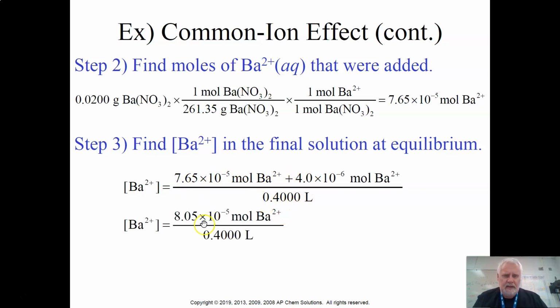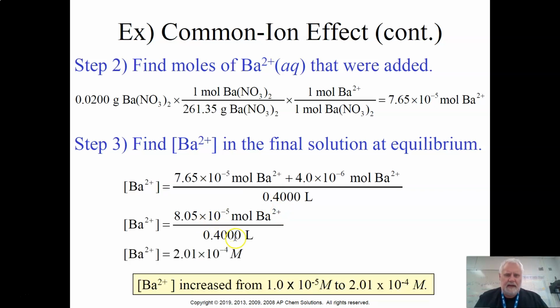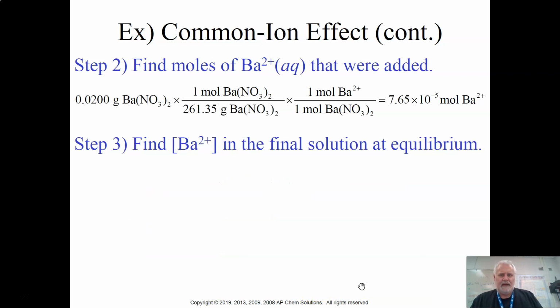So yeah, not a bad idea to do this in steps here, but that's your barium concentration when it is at equilibrium. So notice the barium increased in concentration as you went through that system.